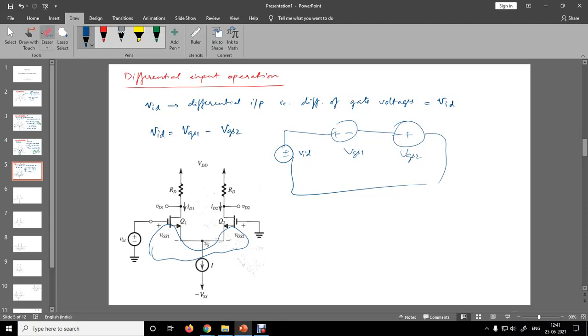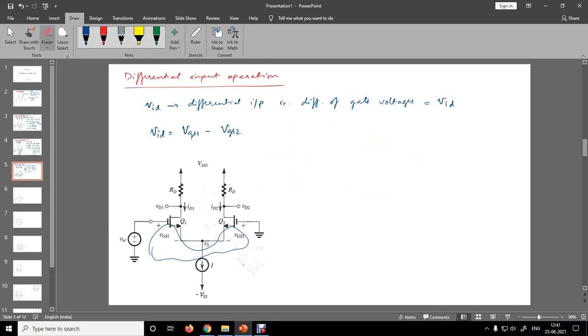Okay, so there are some important things to be observed here. One is, if VGS1 is greater than VGS2, which makes VID positive.